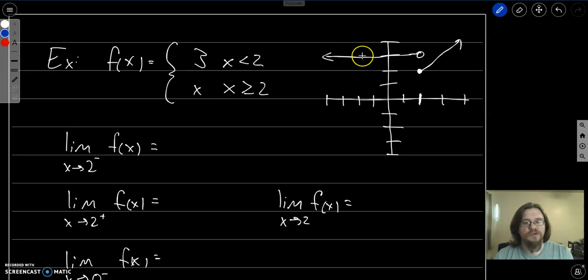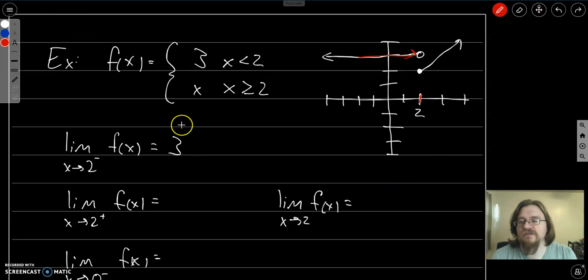Well, as we follow our function from the left-hand side, as we get closer and closer to 2, we see that the height of our function is always 3. So we are getting closer and closer to this dot here, which is at 3.